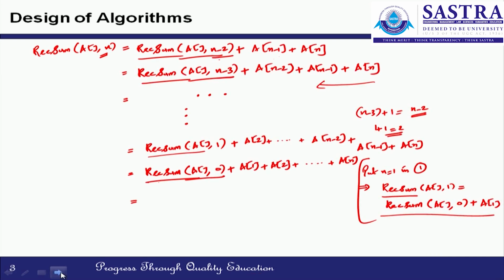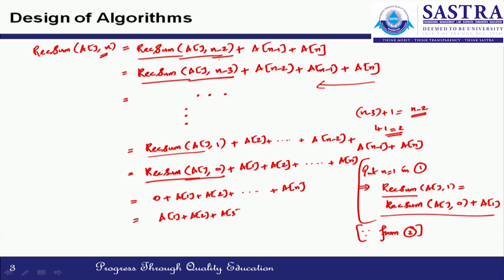So applying equation number 2, recursive sum of a array comma 0 is 0, then writing the remaining expression, we have the sum of the array entries a of 1 plus a of 2 plus a of 3 plus etc. plus a of n.